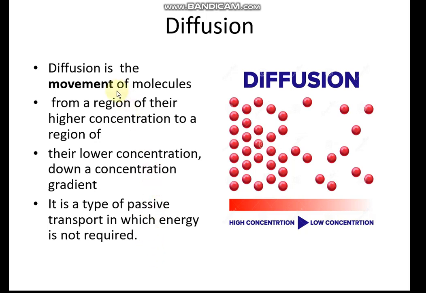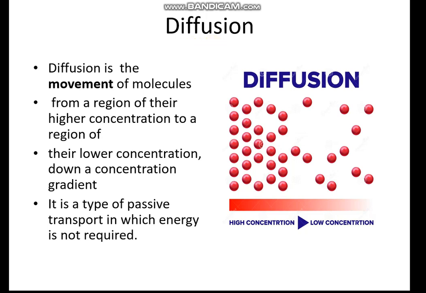So this is the definition of diffusion, and there can be different examples of diffusion as well. For example, one that you learned in our previous chapter: the diffusion of oxygen into red blood cells. Red blood cells absorb oxygen by the process of diffusion.